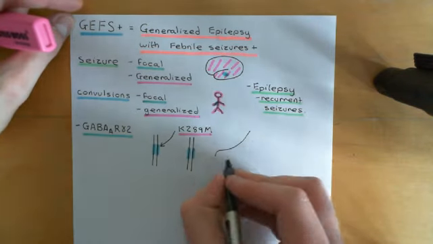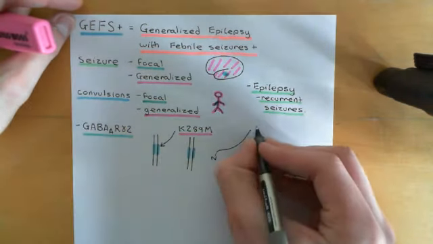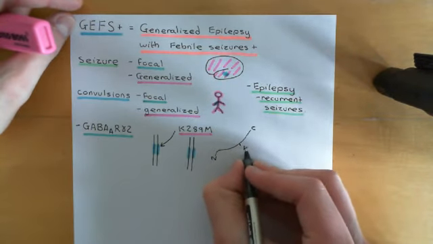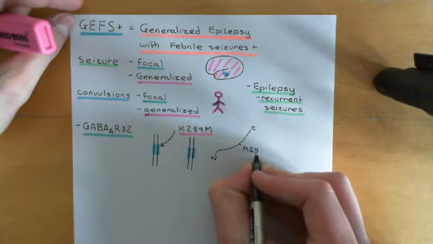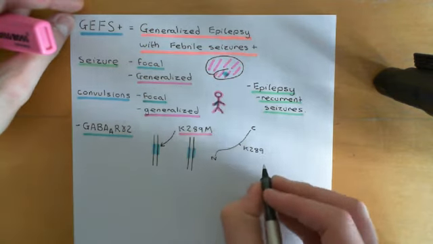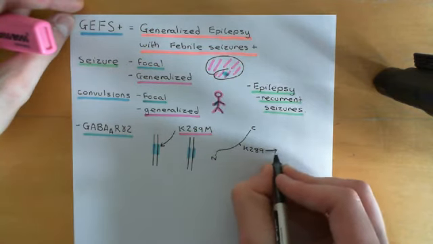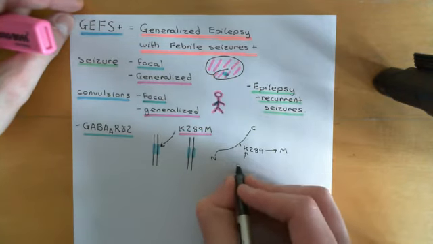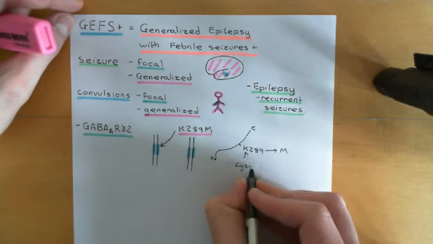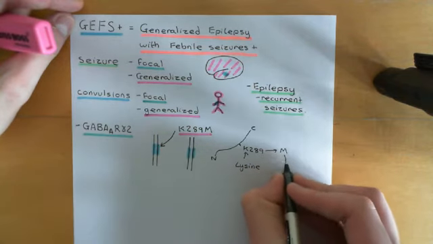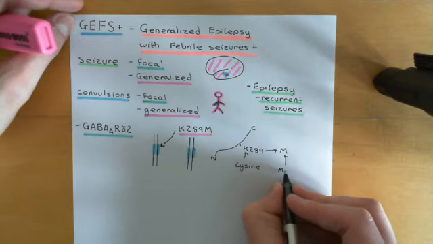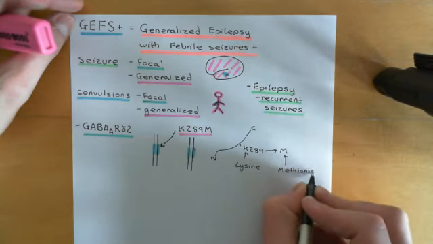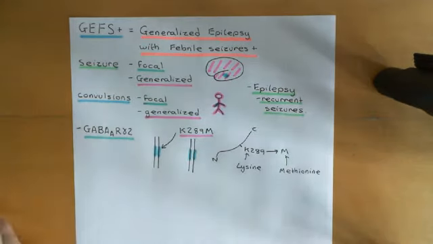If I draw a crude picture of my GABA A receptor gamma 2 subunit, usually there will be a lysine in this protein at position 289. However, in this mutation, that lysine at position 289 (K is the single letter code for lysine, and M is the single letter code for methionine) has been changed to a methionine.